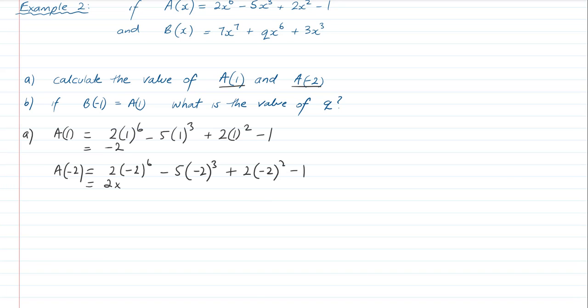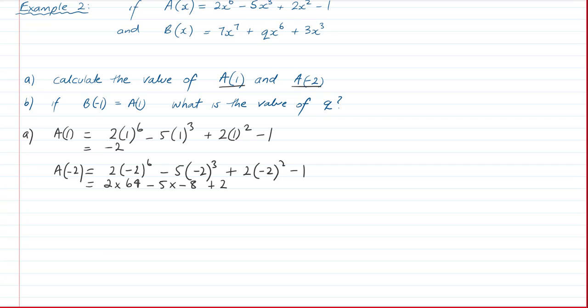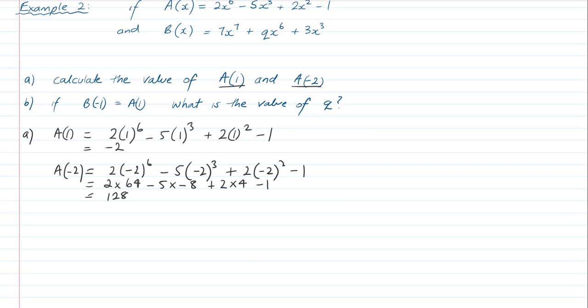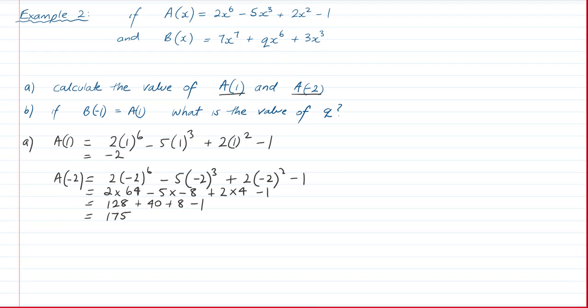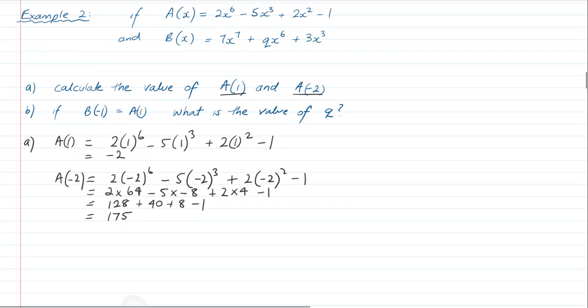Negative 2 to the power 6 is positive 64, minus 5 times negative 2 cubed is negative 8, plus 2 times negative 2 squared is 2 times 4, and then minus 1. So that is 128. You probably pop it into your calculator now if that's the way we're working. Plus 40 plus 8 minus 1 is 168, 176, 175. So that's evaluating polynomials given a value of x, which will be important and will become much more important later in the year.